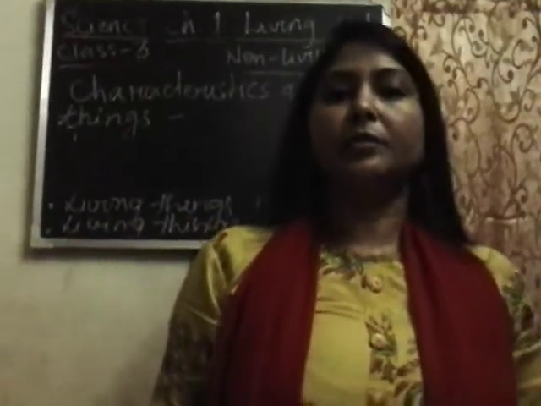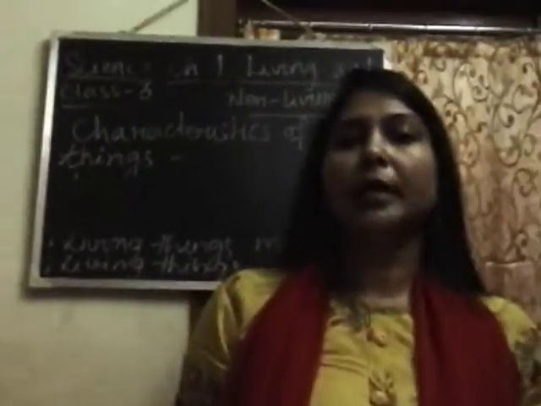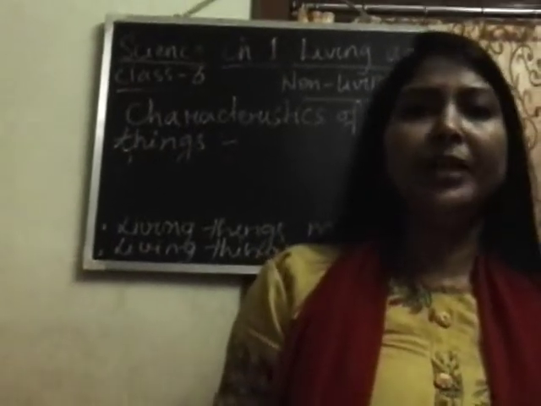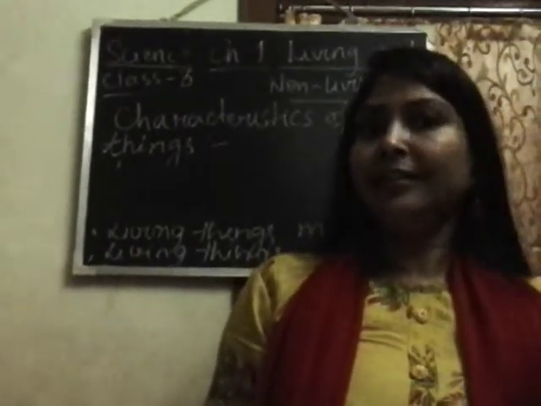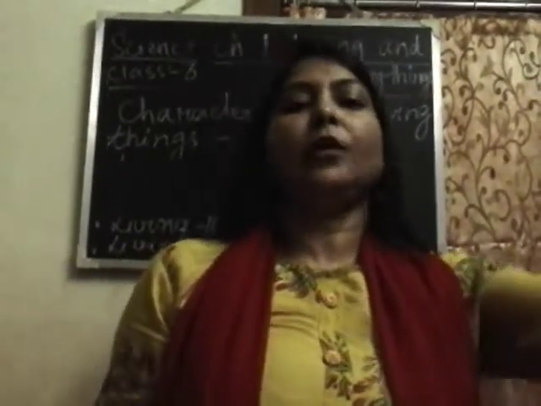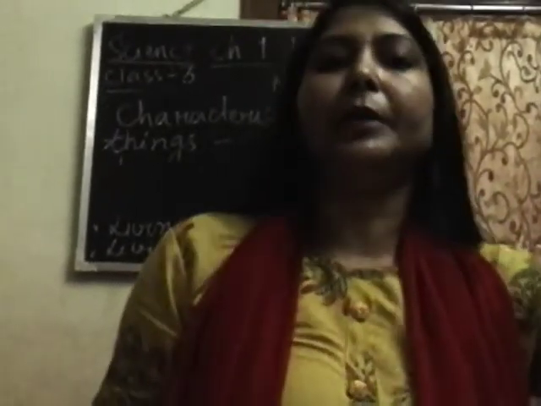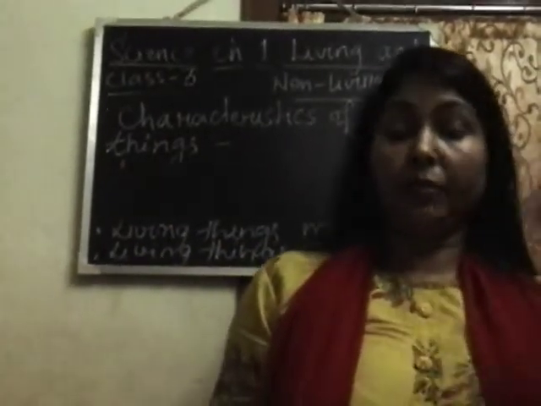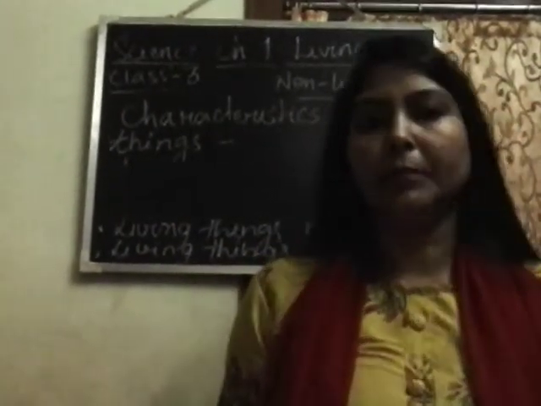The next characteristic of living things is what? All living things need to breathe. What does it mean? Breathing, the term breathing you must have heard. Breathe means we have to take in oxygen and give out carbon dioxide. In the case of human beings and animals, we take in oxygen and give out carbon dioxide.